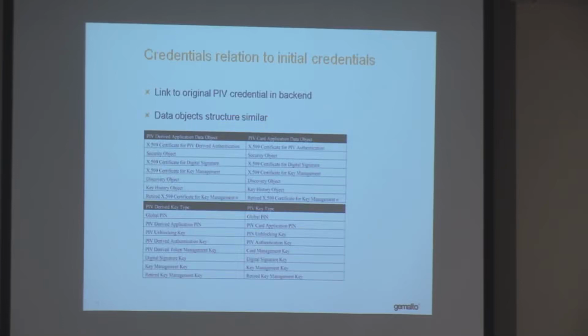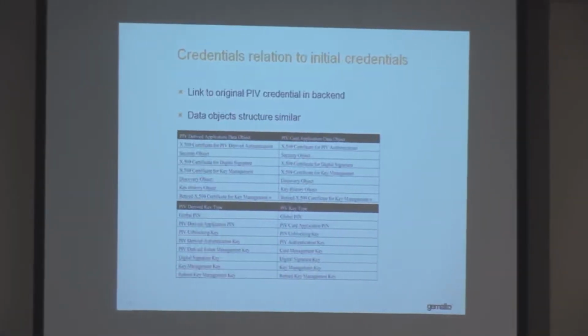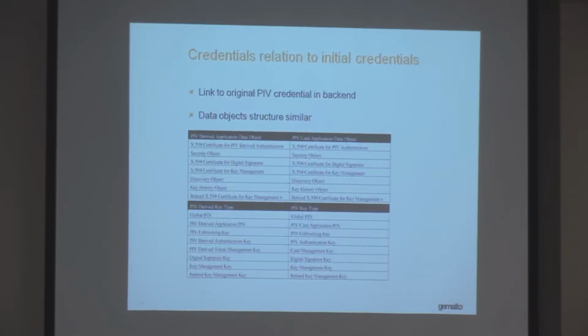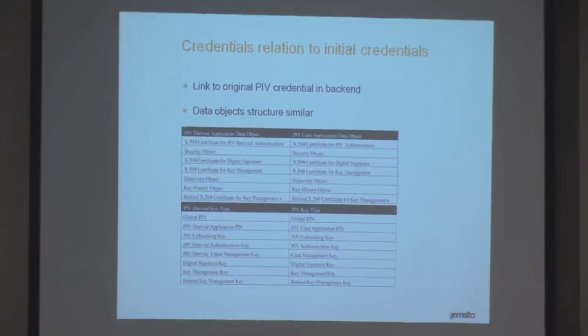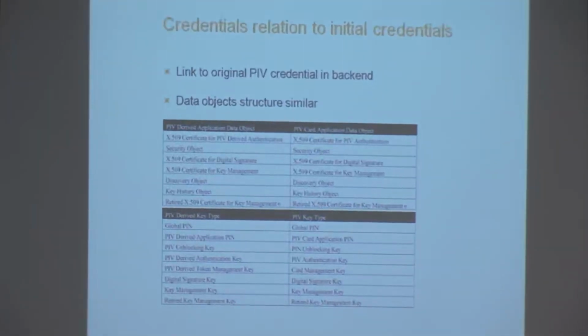The last point regarding derived credentials concerns the data and the objects that are stored in the PIV credentials. The data and object structure is similar between derived credentials and the initial PIV, so they are both the same. The link between the initial PIV credential that was issued with a badge and the derived credential is maintained in the backend.